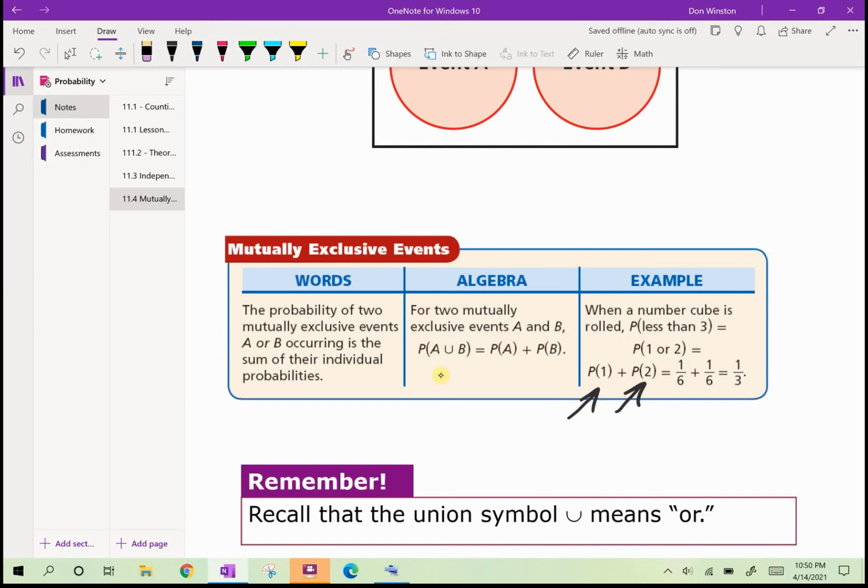Mutually exclusive events. You probably would not have looked at that in terms of mutually exclusive events. You would just say less than 3, well, 1 or 2, so that would be 2 out of 6, or 1/3. Many ways to look at probability.